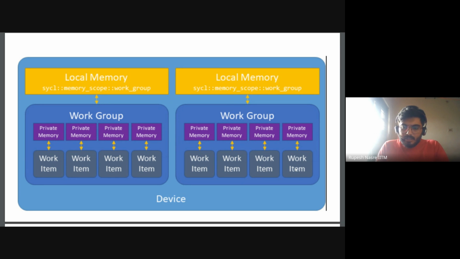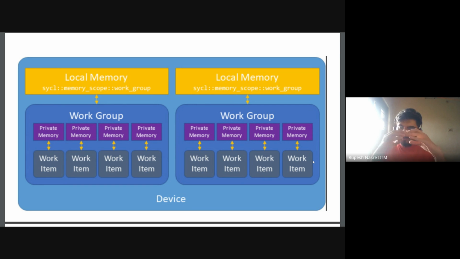For this work group, the local IDs could be 0, 1, 2, 3, and for the other work group, the local IDs might also be 0, 1, 2, 3.